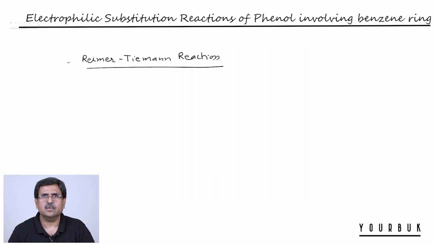Now, the first reaction is the Reimer Tiemann reaction. What is the Reimer Tiemann reaction? This is a method to prepare phenolic aldehydes like salicylaldehyde from phenol using chloroform and alkali at 60 degrees Celsius followed by hydrolysis.